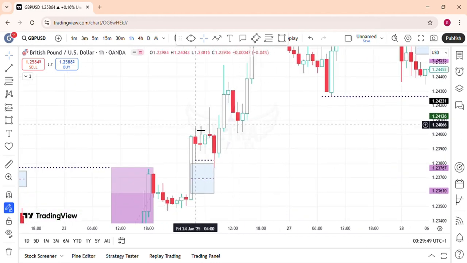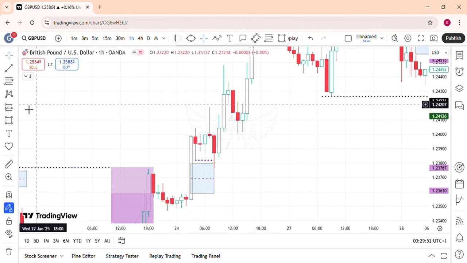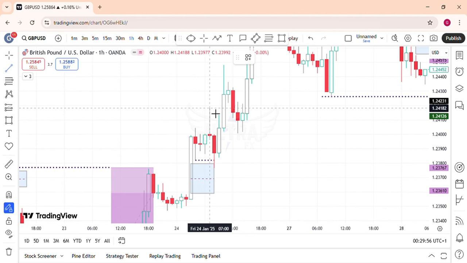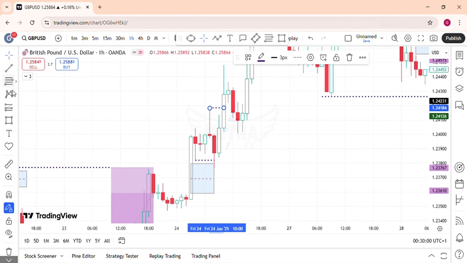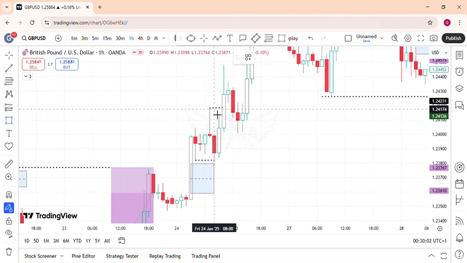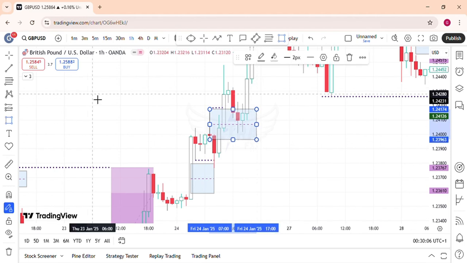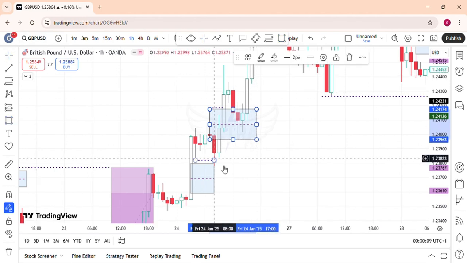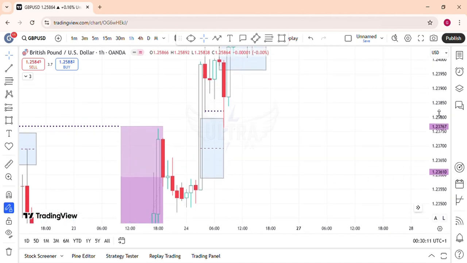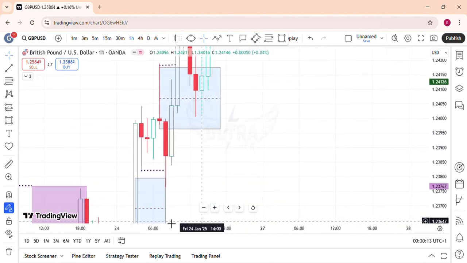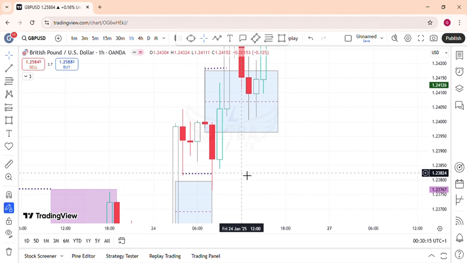This is your break of market structure right here, coupled with a breaker. So this is your break of market structure here, and also a breaker here. This is also a breaker here, and this is your fair value gap. Remember, your fair value gap is closer to your order block, and this is it.